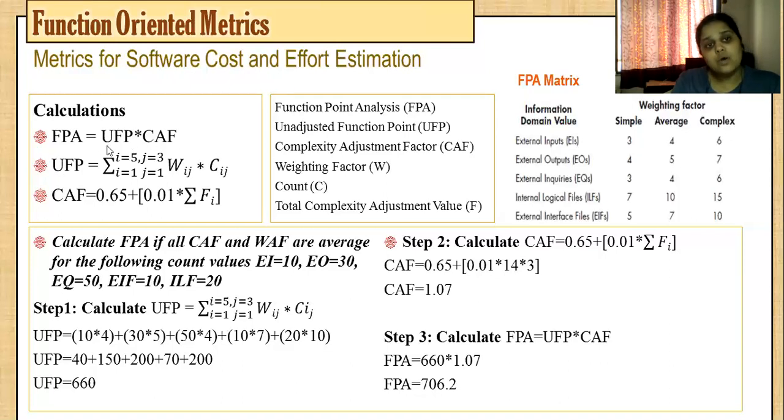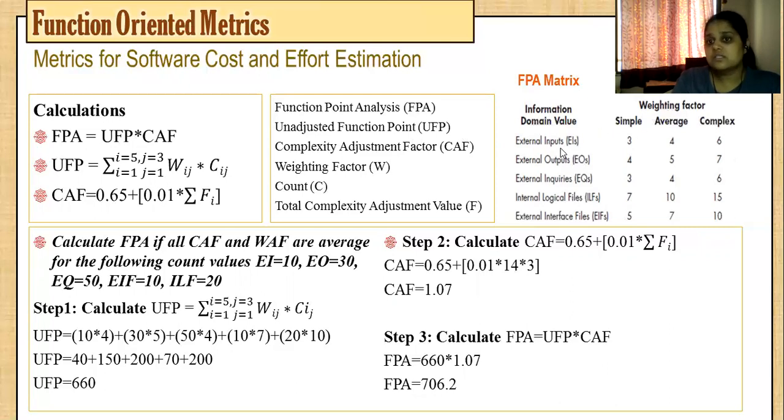Okay. Now, how you calculate UFP and how you calculate CAF is what we are going to study in detail. Before we move on to these two, let us see what an FPA matrix is. The FPA matrix has all the functional units here: input, output, inquiry, files, and interface. And this is the weighting factor, which is simple, average, and complex.